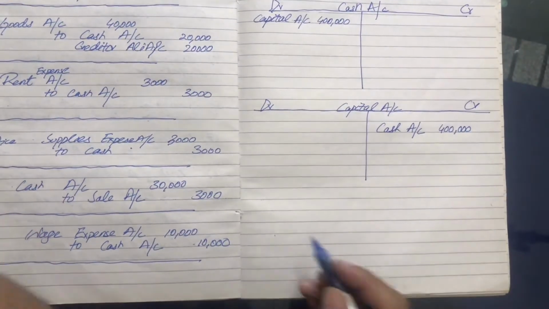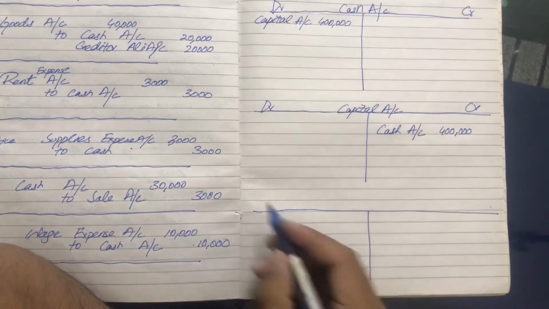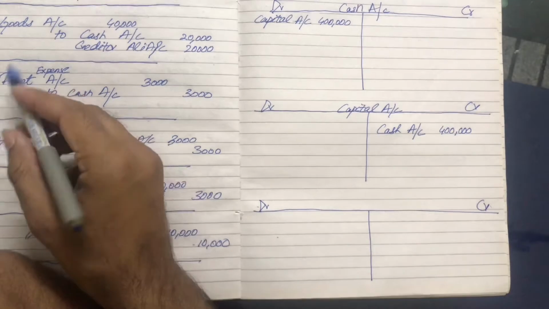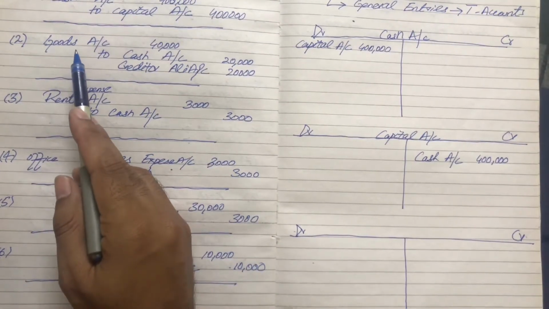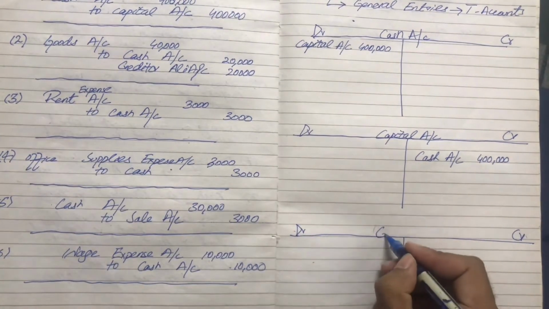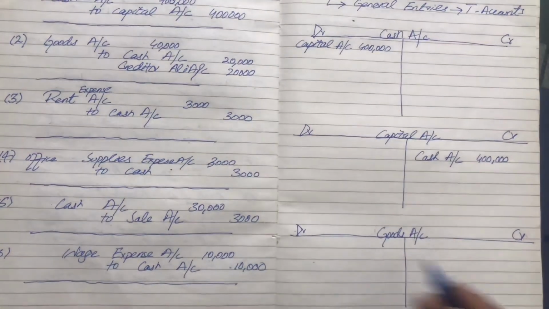Now we will make our third account here. We write a similar debit balance and credit balance. Here we talked about goods. So the goods account here we will mention goods account. We already did debit and credit balance.